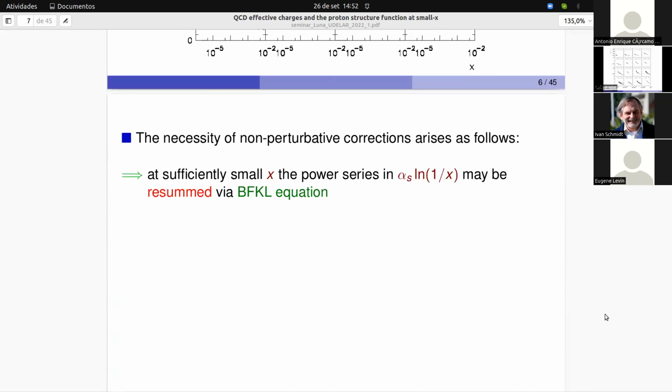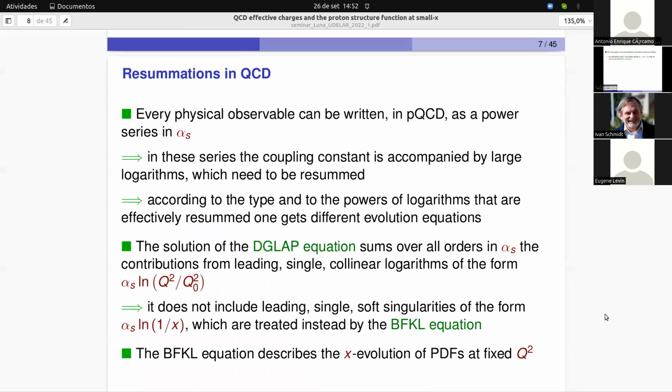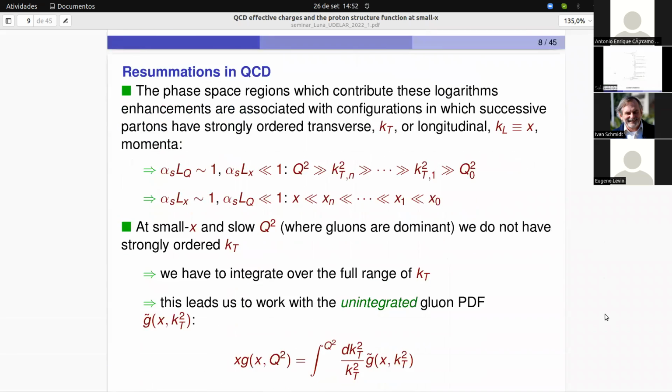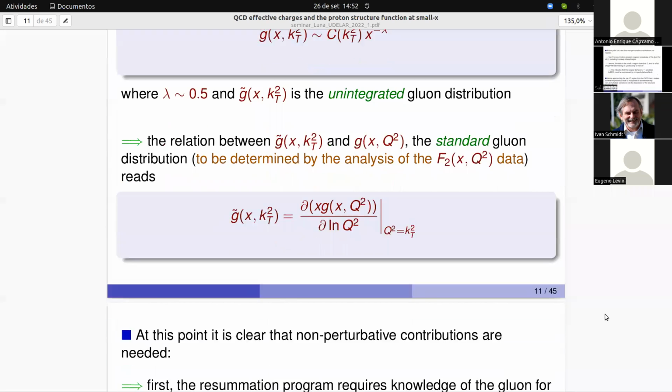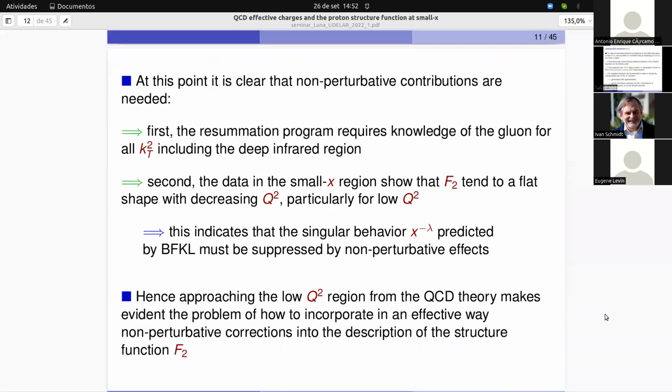Anyway, this is not expected from the perturbative treatment. So it's a signal of non-perturbative contributions that you have to take into account.